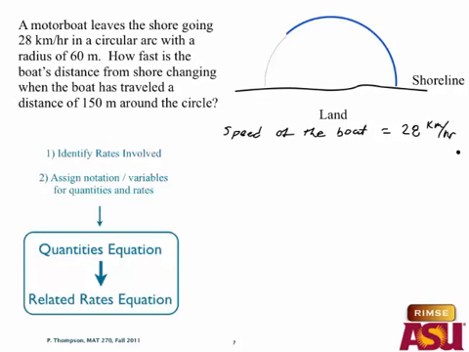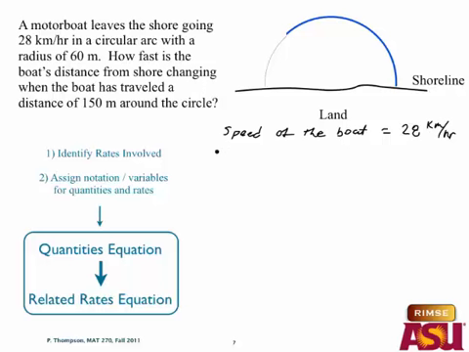How fast is the boat's distance from shore changing when the boat has traveled a distance of 150 meters around the circle? What's the other rate mentioned here? How fast is the boat's distance from shore changing. Is that a rate? Yes.